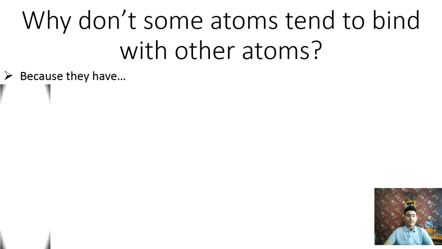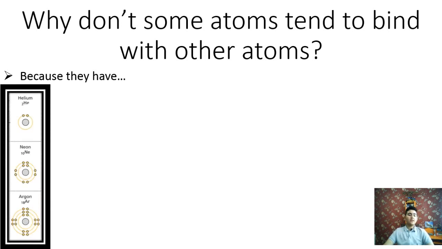You can see some of them in this picture: helium, neon, and argon, but we have other ones as well in the periodic table. These elements are said to be inert, meaning that they are chemically unreactive.